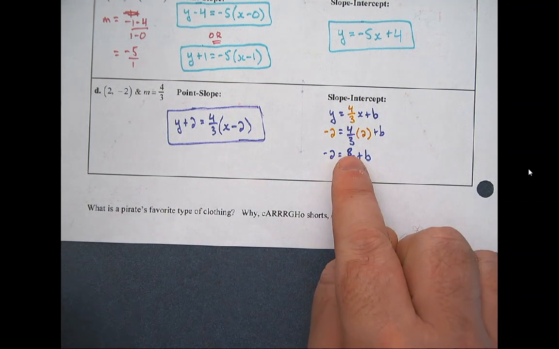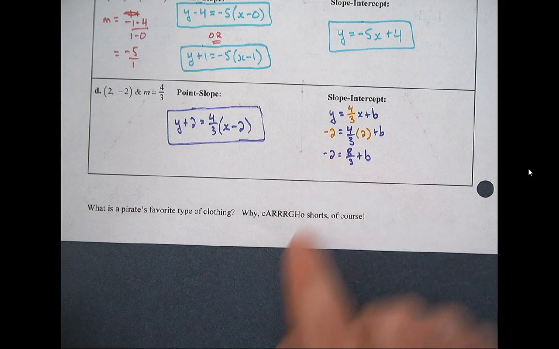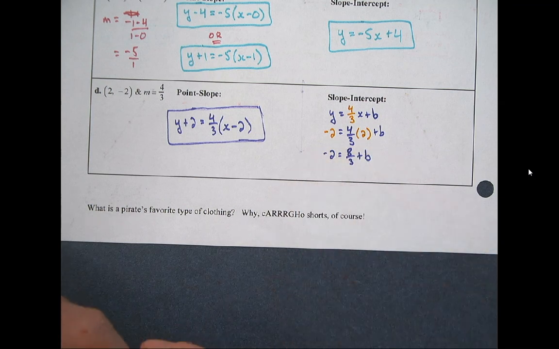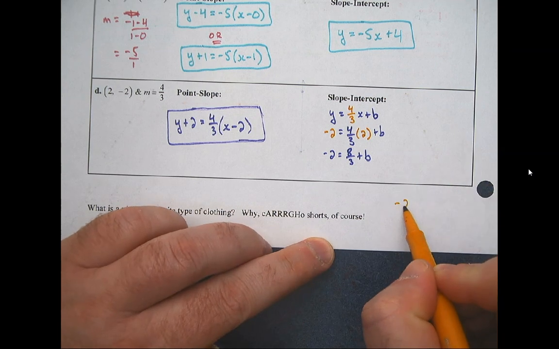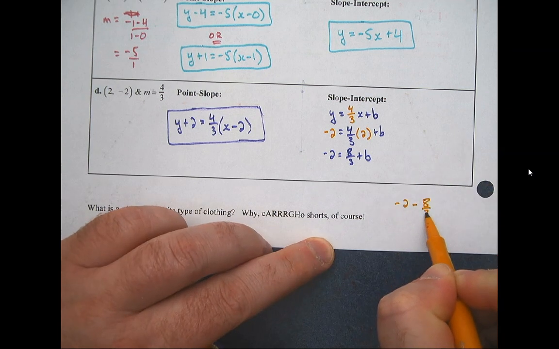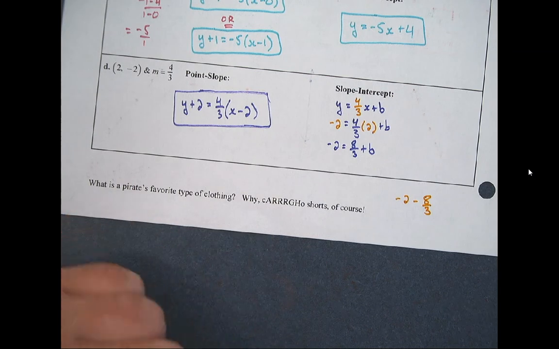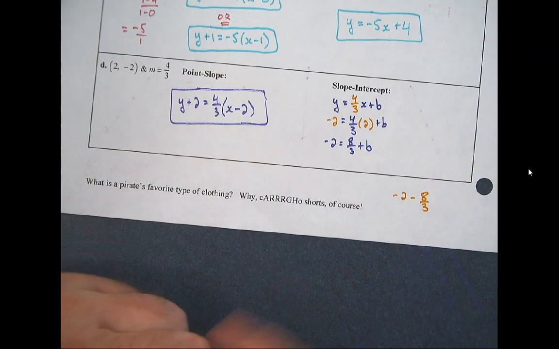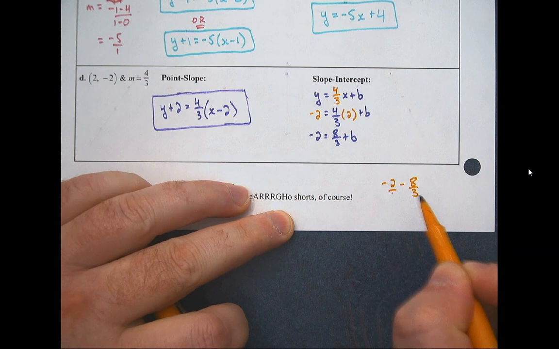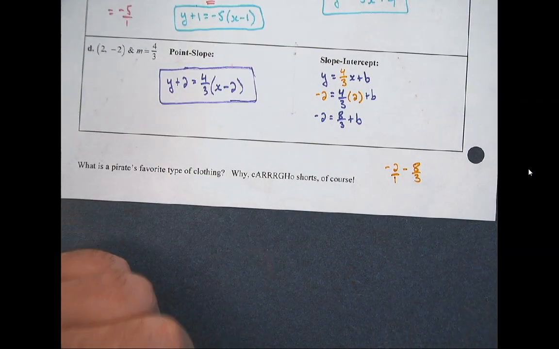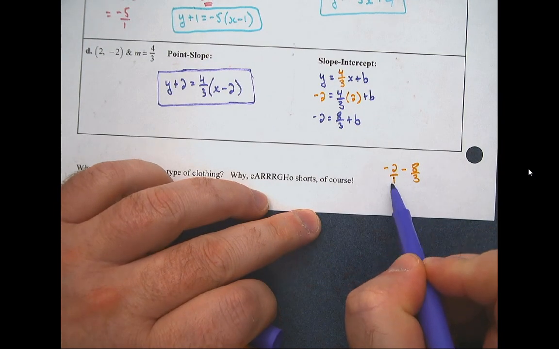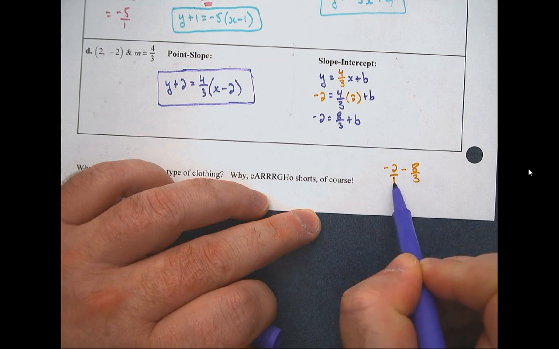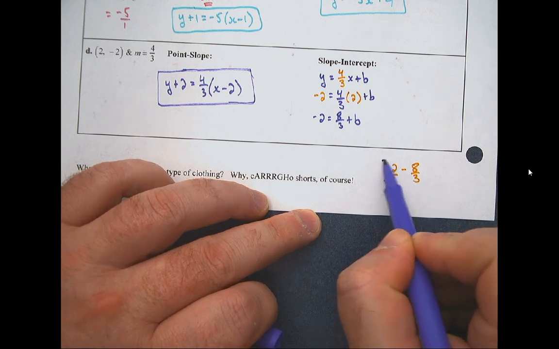And then from there, I'm going to bump this to the other side. I don't have room to do it here, so I'm going to do it underneath. So I want to do -2 take away 8/3. Make this a fraction. Common denominator. I'm lazy and usually just write it above it. So I would have to times this by 3. We just have to times this by 3.